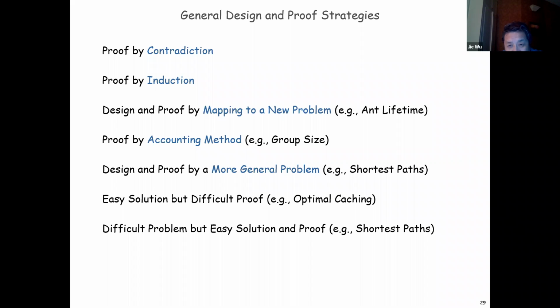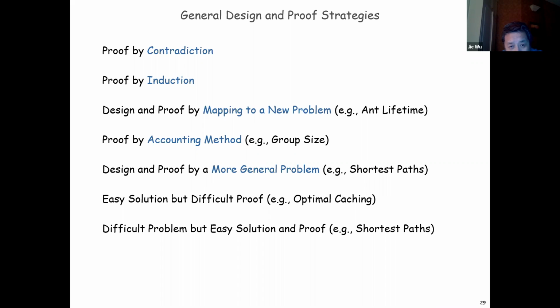It finds the shortest path from one node to all the other nodes. If you can find the shortest path to all the other nodes, then obviously you solve the shortest path for one particular pair. Start from the same source, but to all the other destinations. Obviously, you can solve one particular destination. So this is very useful: when you try to solve something, you solve a more general problem.